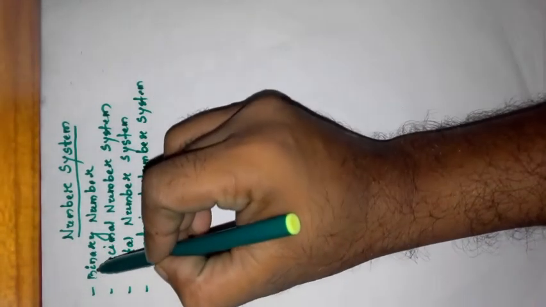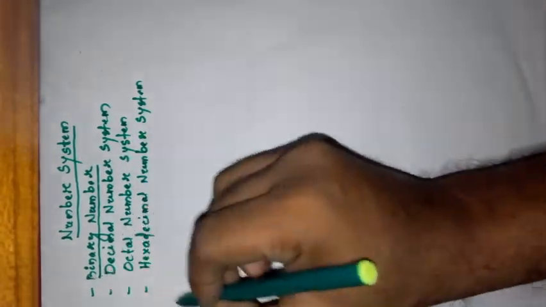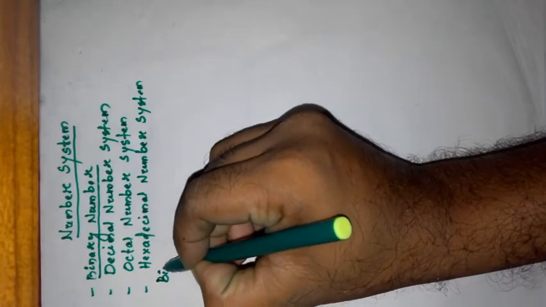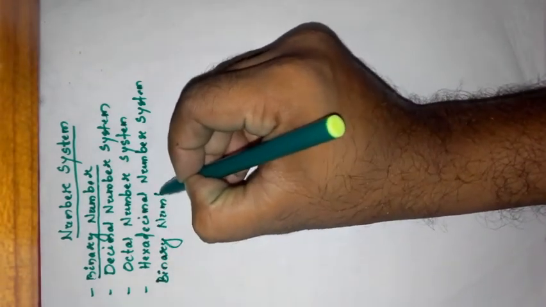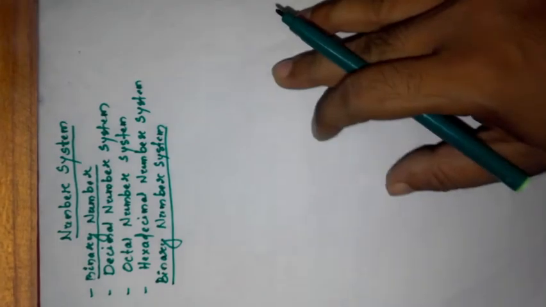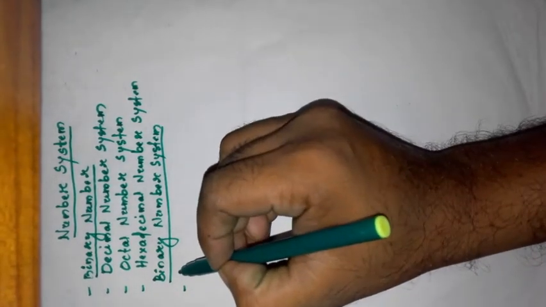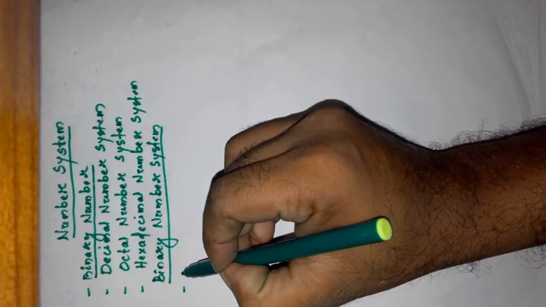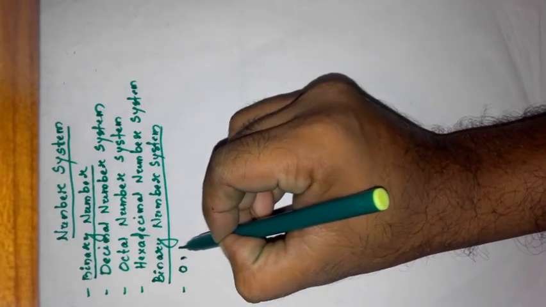So let us study elaborately the binary number system. So what is binary number system? Actually, binary number system consists of two digits, that is 0 and another digit is 1.